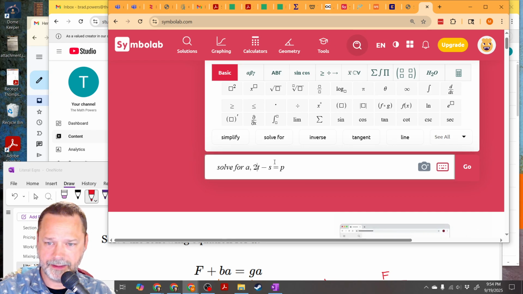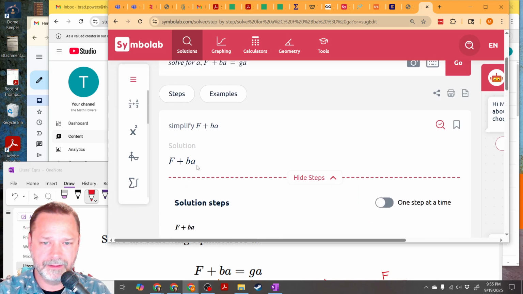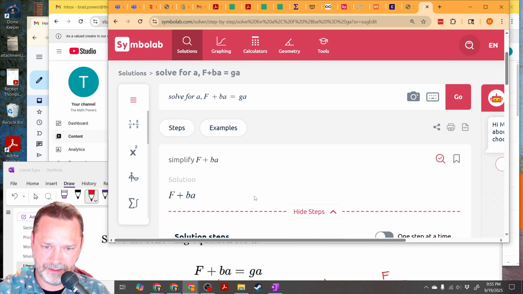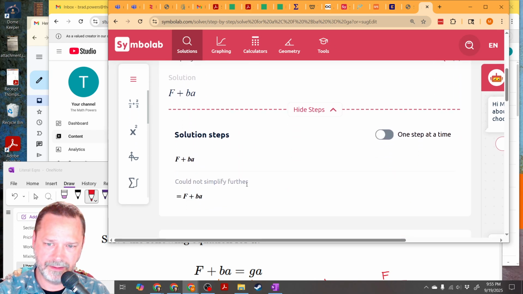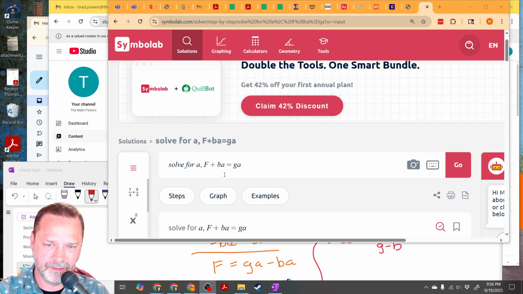Solve for A, and our equation is, so comma, F plus BA equals GA. Hit enter. All right, there it is.